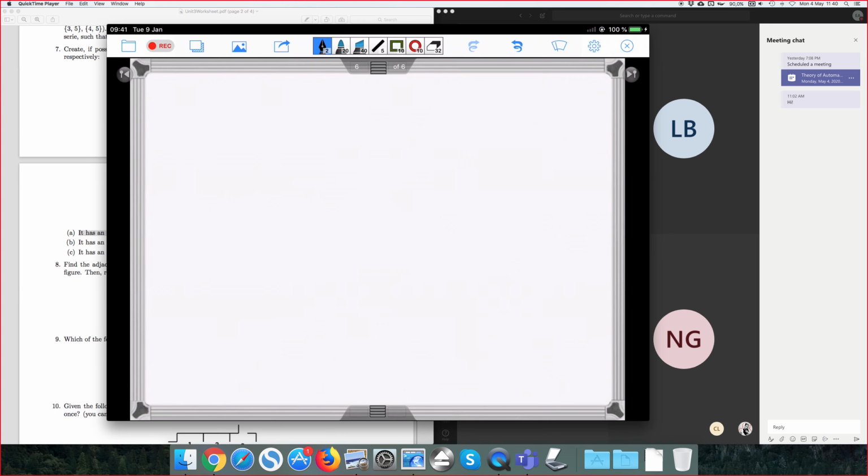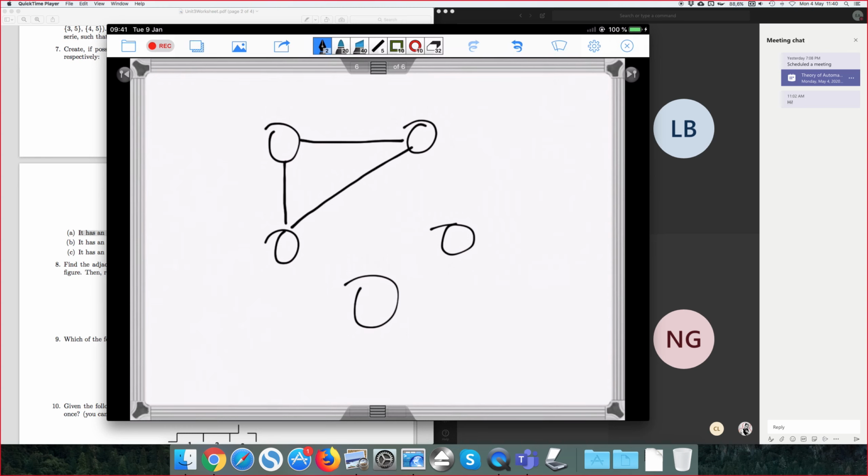And if I have 5 vertices and the graph has 4 edges, the only cycle that I can create which is not of even length is a path of length 3. Okay?